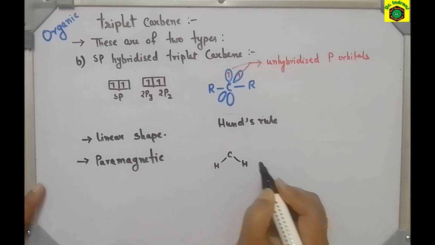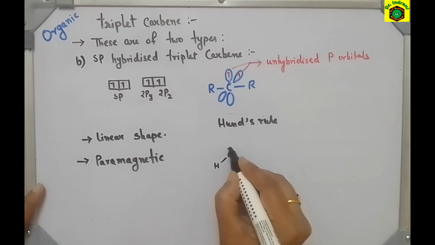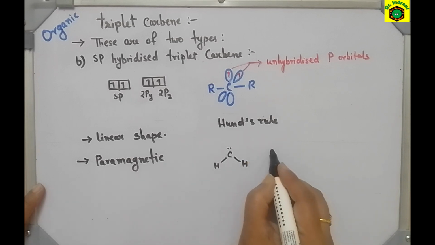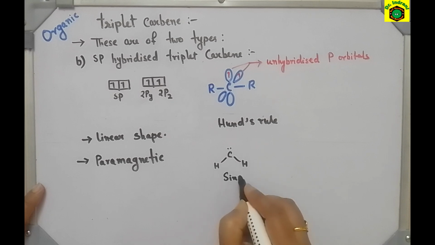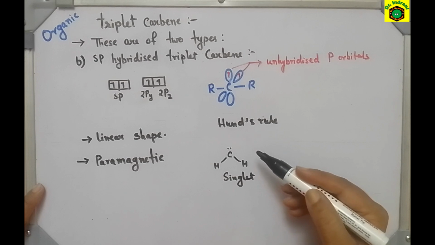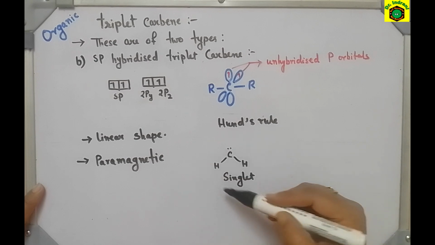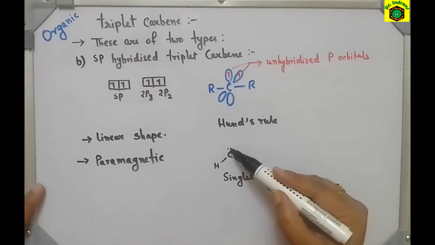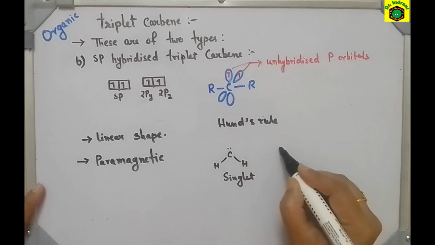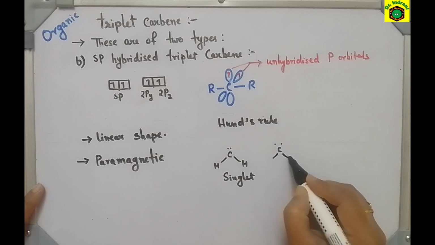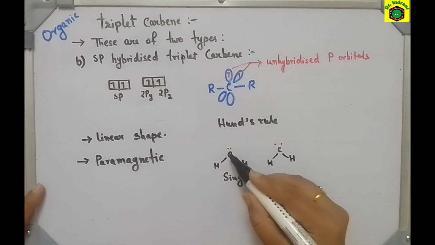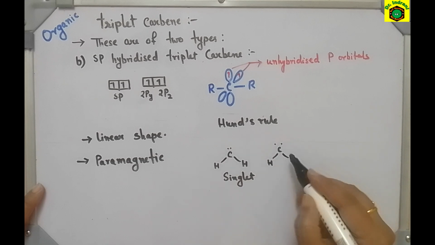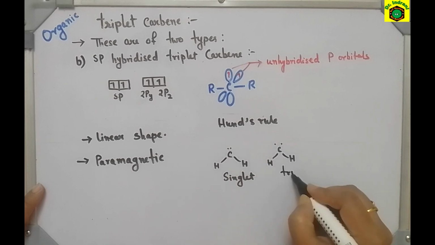So for methylene carbene, singlet you can show like this. This is singlet. For all other carbenes existing in the singlet state, you can show it this way, and if it is in the triplet state, you can also show it this way. Here it is a lone pair, but here it is diradical in nature.